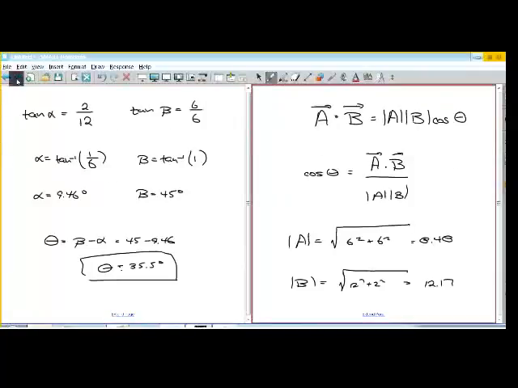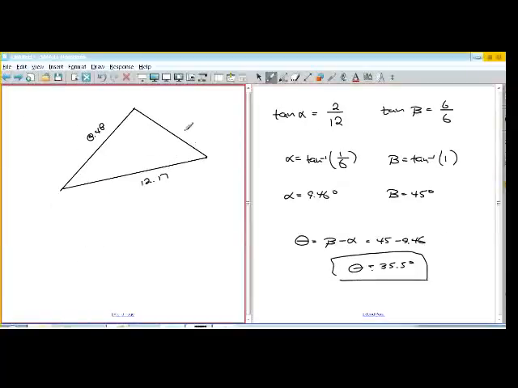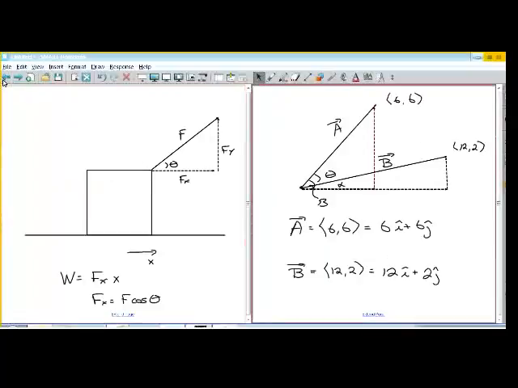This one was 12.17. And what else do we know? I try to think, use the law of sines, and this is the law of cosines. So we have two sides. We're trying to figure out what this angle is, which is theta. Yeah, I'm not exactly sure how you do that. Anyway, there's an even more complicated way, which I'm not going to worry about.